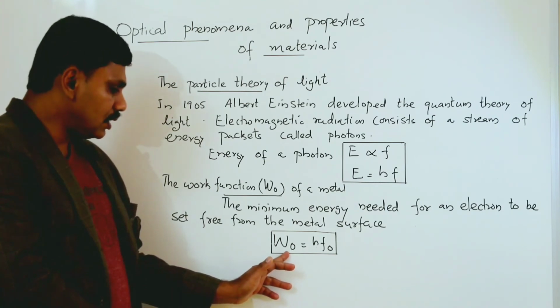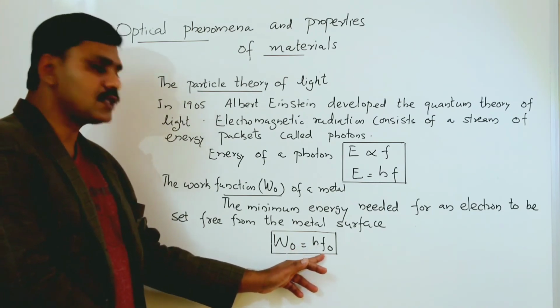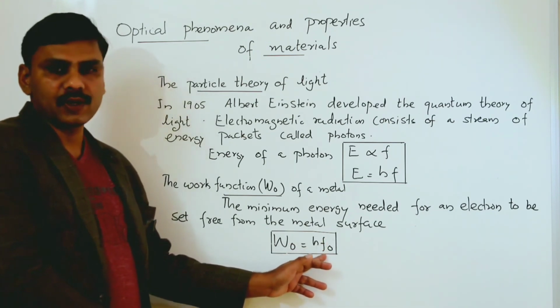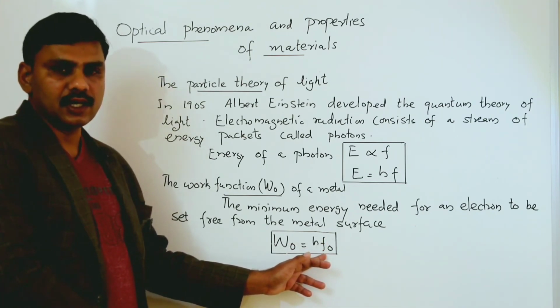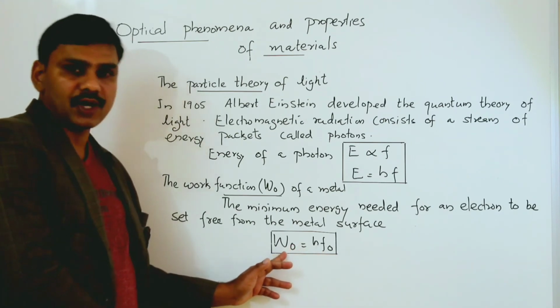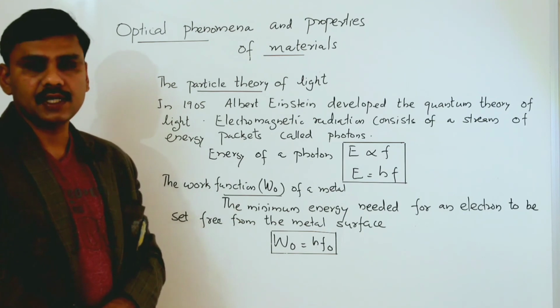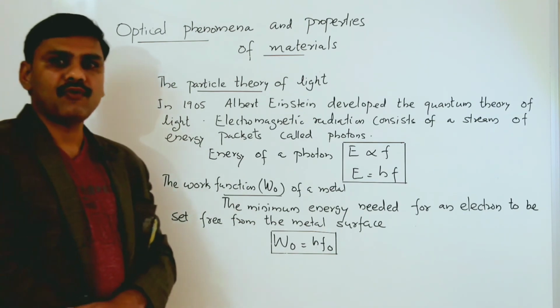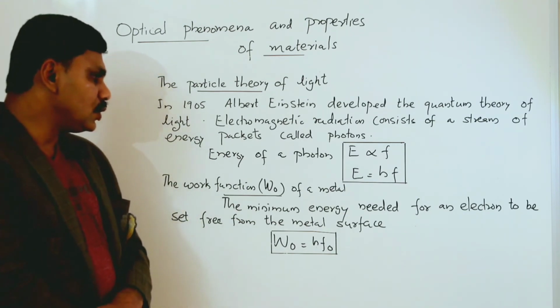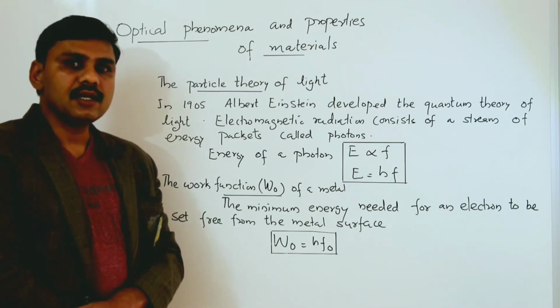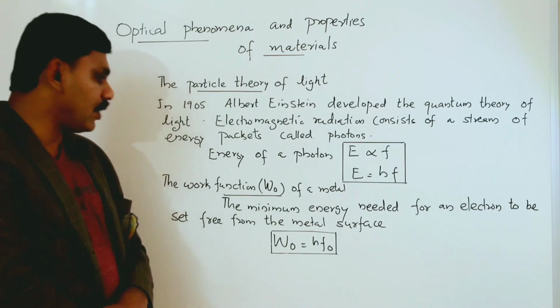So work function is written in terms of threshold frequency. So if the frequency is the threshold frequency, the energy of the radiation will be the work function. So if the frequency is less than the threshold frequency, that radiation will not provide sufficient energy to release the electron from the metal surface, or that radiation is insufficient to provide the work function.